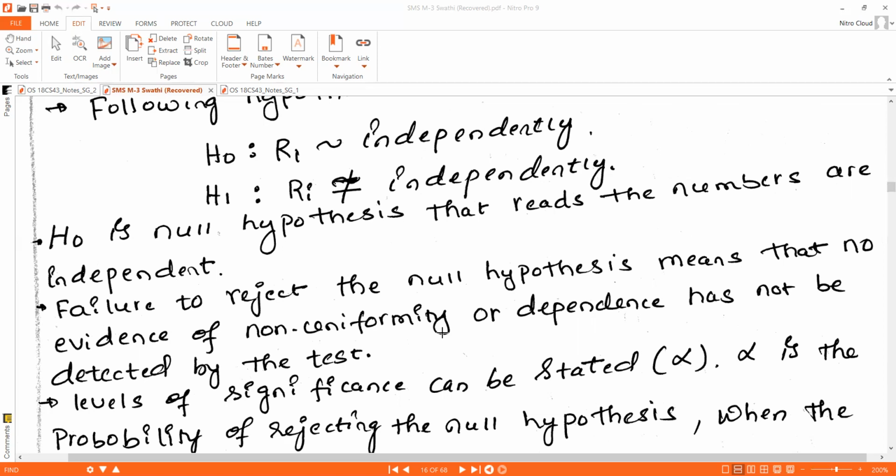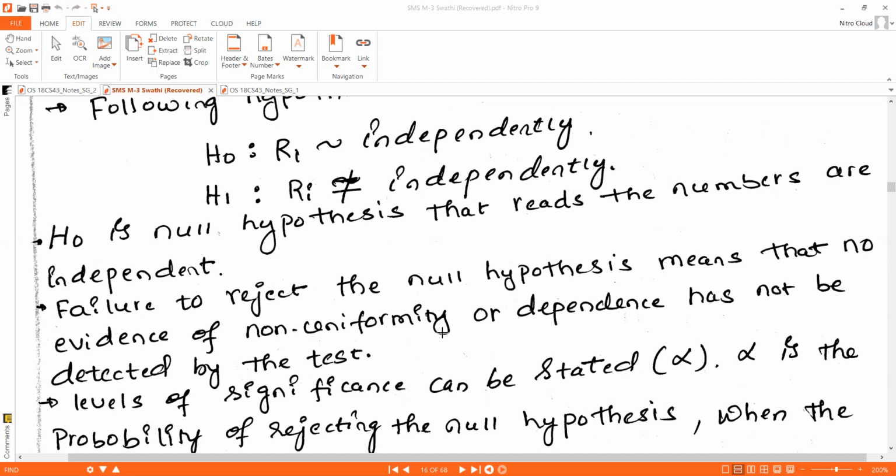Failure to reject the null hypothesis means that no evidence of non-uniformity or dependence has been detected by the test.